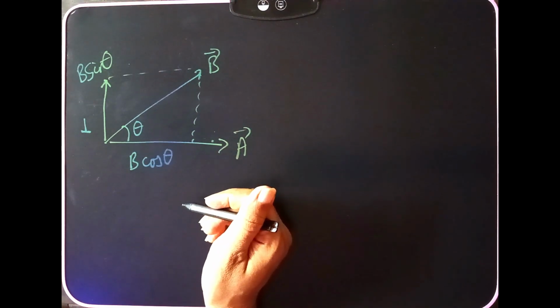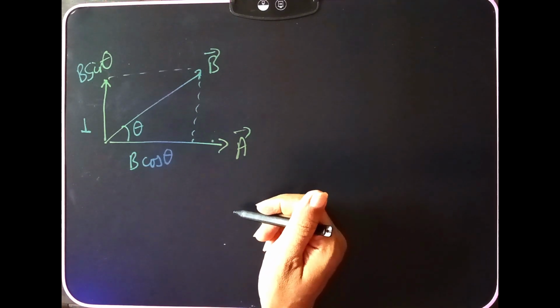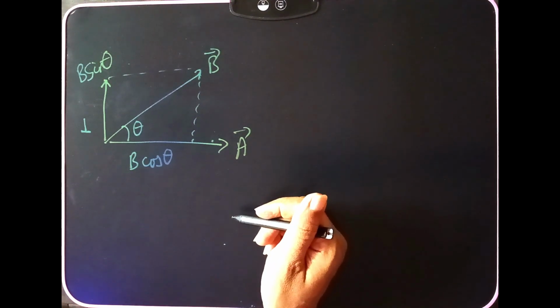So the vector product of two vectors is always a vector.